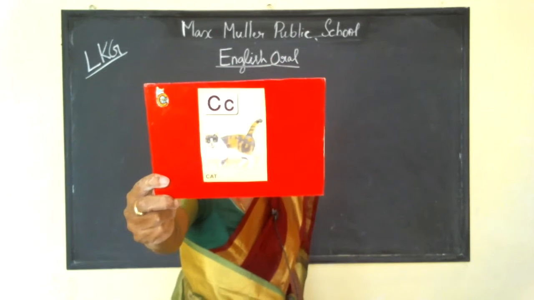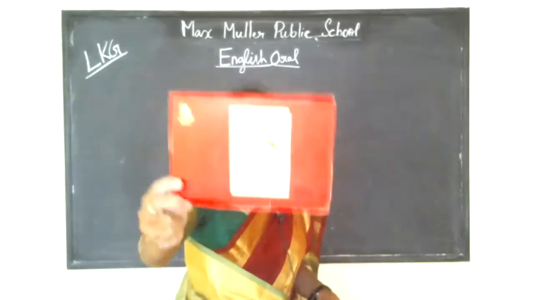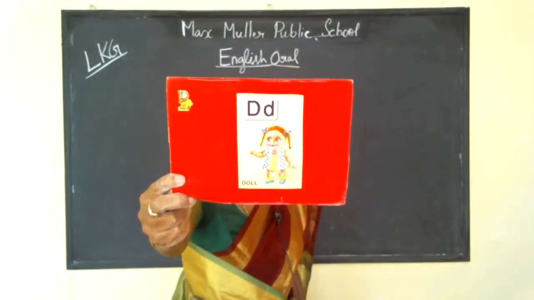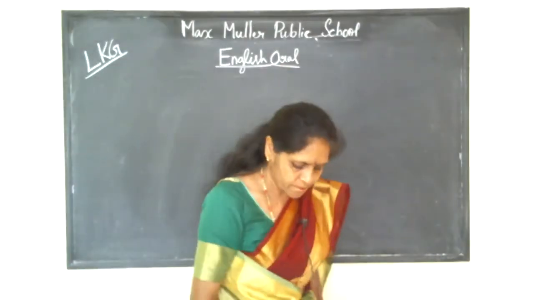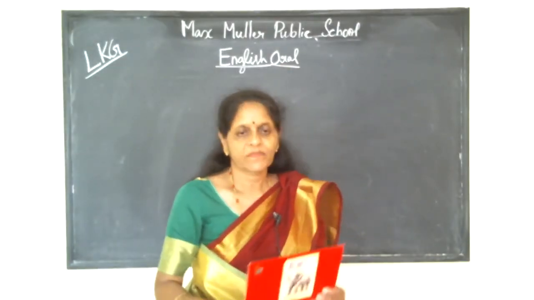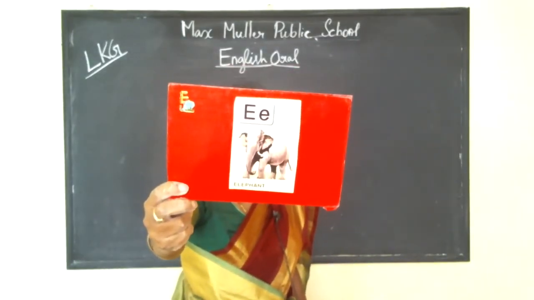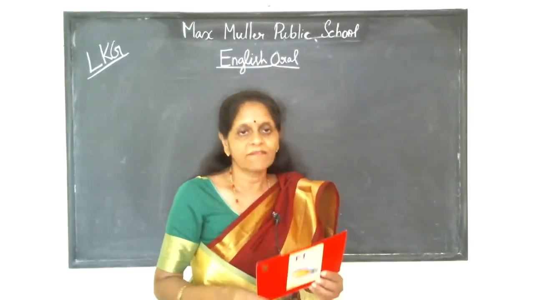C for cat. Next. Capital D, small d. D for doll. Next. Capital E, small e. E for elephant.